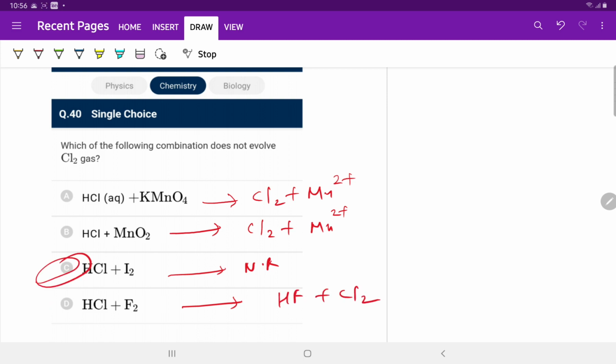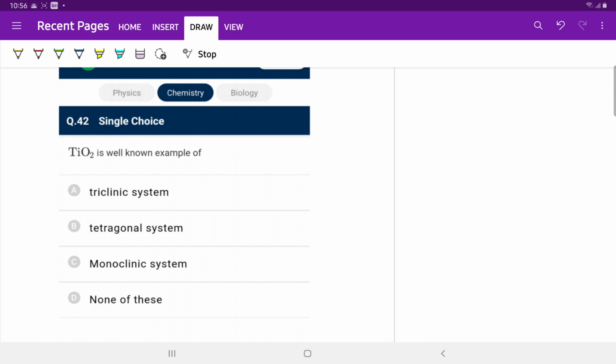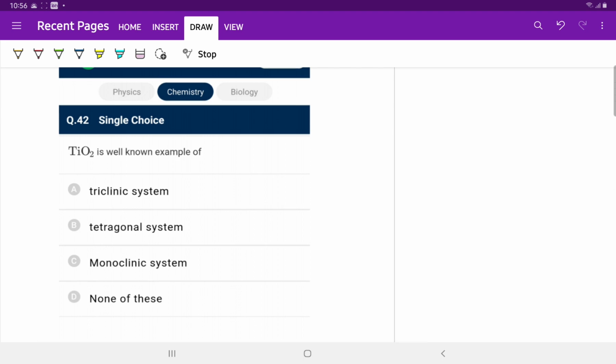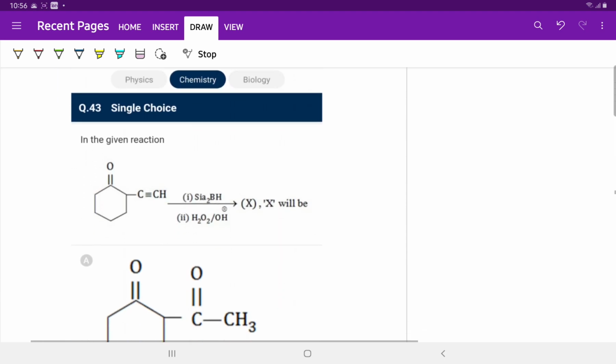So C is the answer. Question number 41. TiO2 is a well-known example of tetragonal system. TiO2 has 5 axes of symmetry with 5 planes of symmetry. Tetragonal system, TiO2.